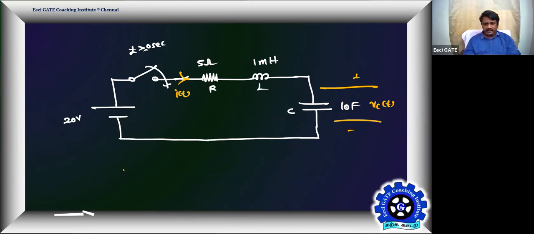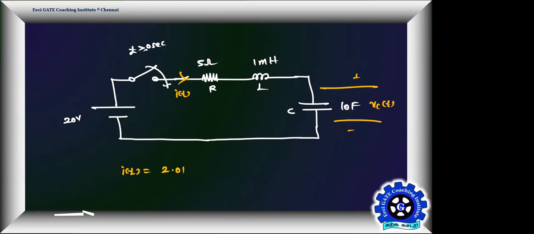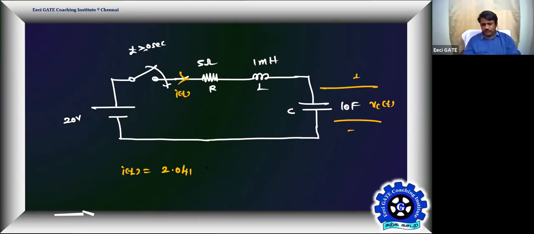I of t is 2.041 into e power minus 0.2t into sine root 0.96t into u of t amps, we can say. That's all. Okay, now at time t equal to 0, you will get 0 only.